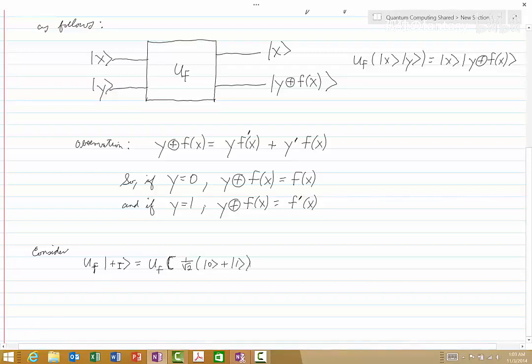That's the plus qubit. And then the minus qubit is 1 over square root of 2, 0 minus 1.